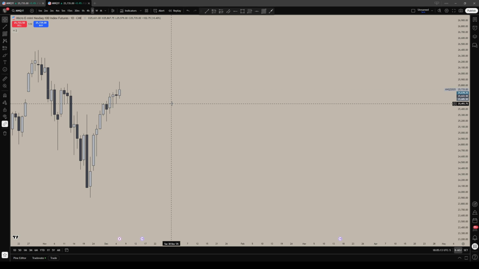So what is liquidity? Liquidity is just the ability to place orders in the market at ease, or that there are more available orders, and the order book has more limit orders above you and below you.